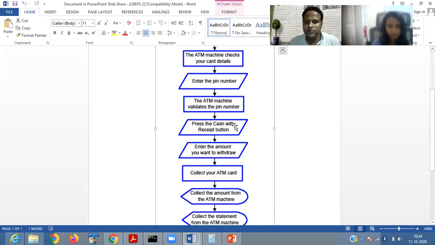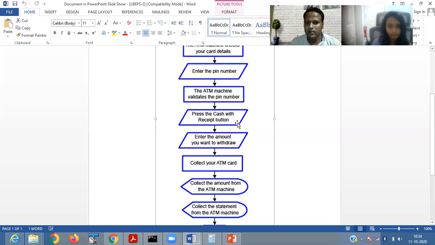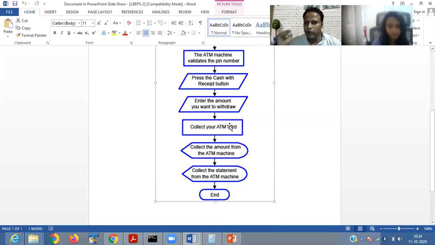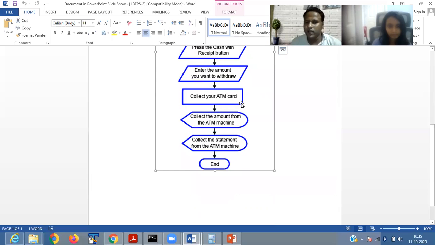Then press the cash with receipt button. Then enter the amount you want to withdraw. It is an input box. The amount I am typing here, 2000, 3000, whatever you want, you give it. Then processing happens. Collect your ATM card.